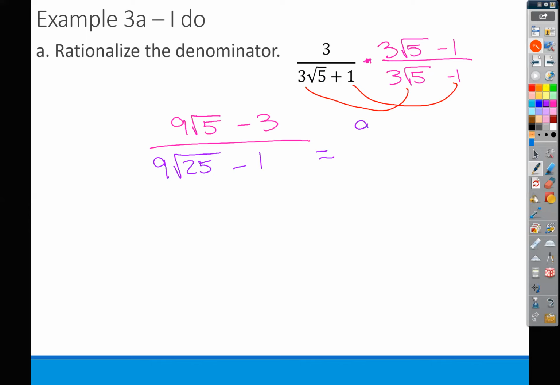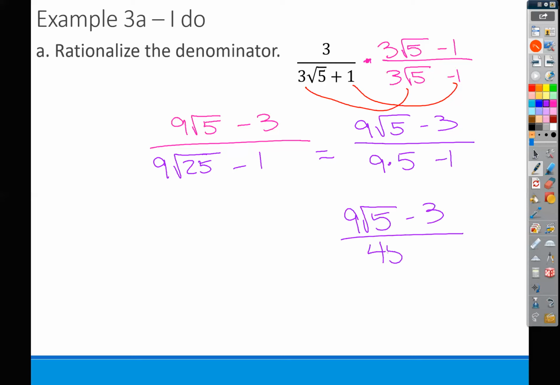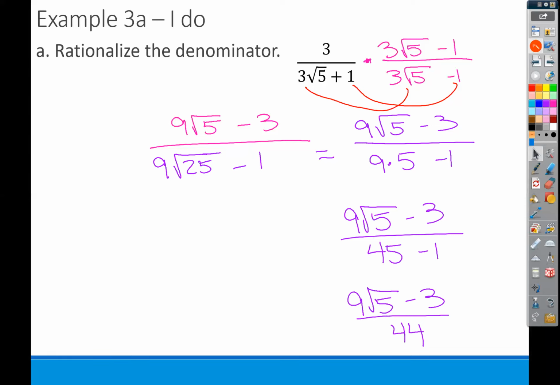So when I do this, I get 9 square root of 5 minus 3 over 9 times 5, because square root of 25 is 5, minus 1. So I get 9 square root of 5 minus 3 over 45 minus 1, which is 9 square root of 5 minus 3 over 44. And that is rationalized and it's simplified. You can't do anything further, so that is your final answer.